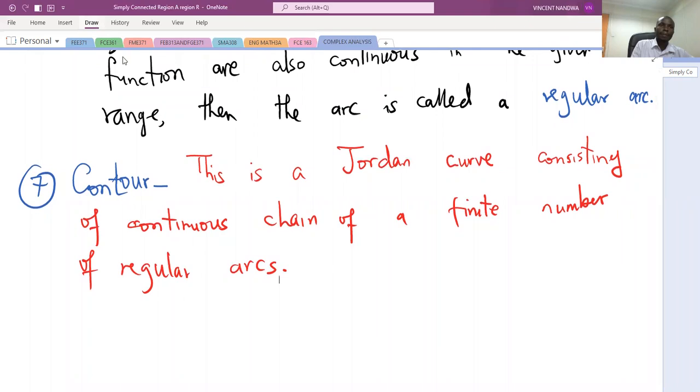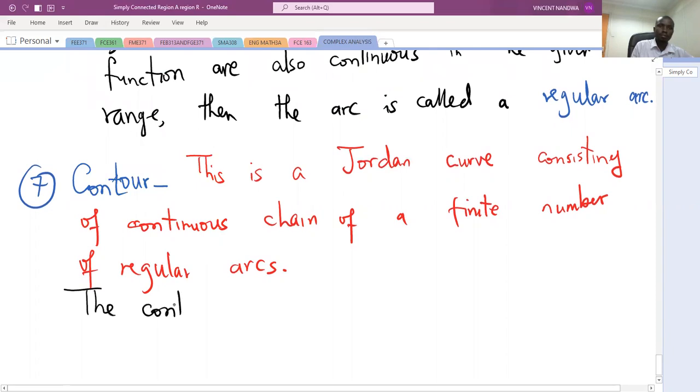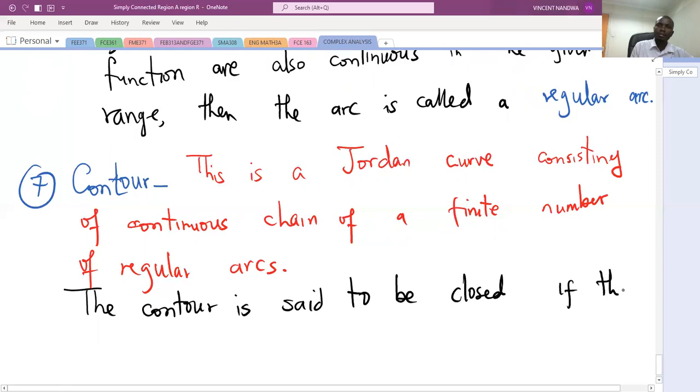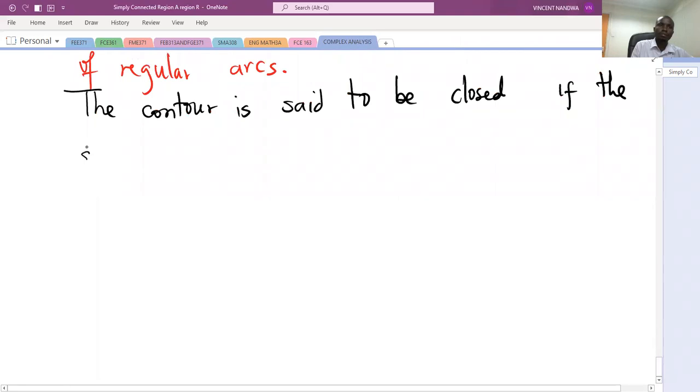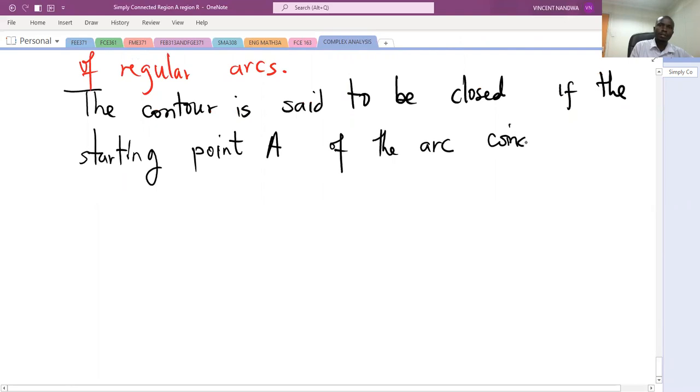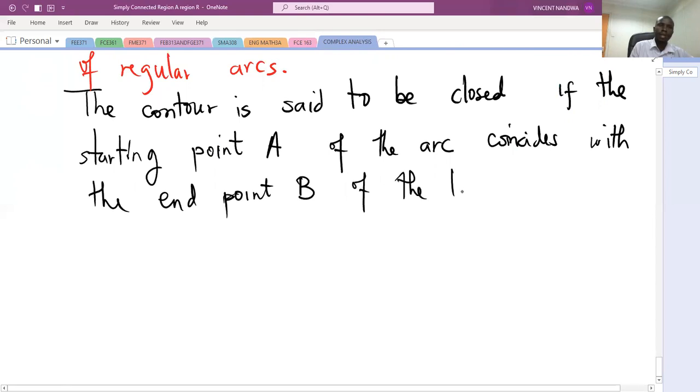And then we can say the contour is called, or is said to be, closed if the starting point A of the arc coincides with the end point B of the last arc.